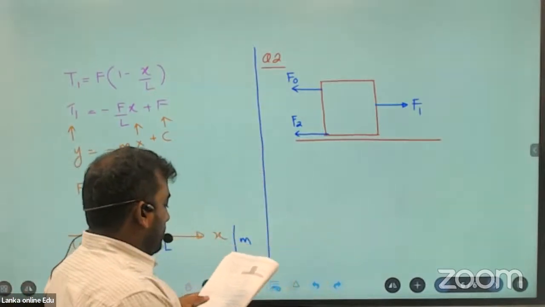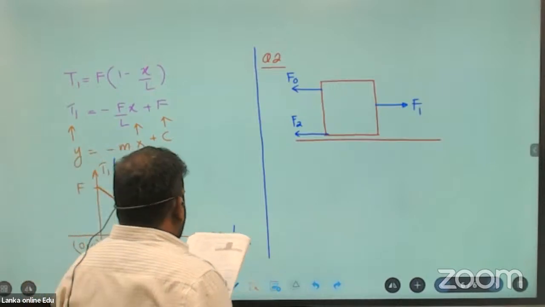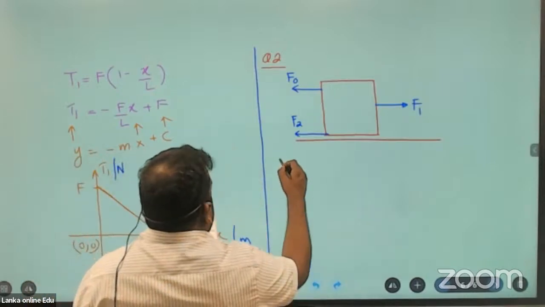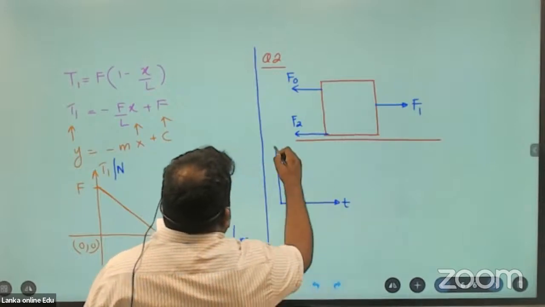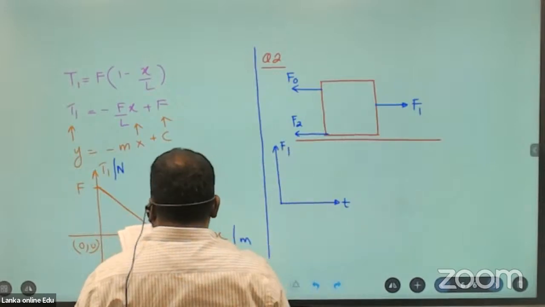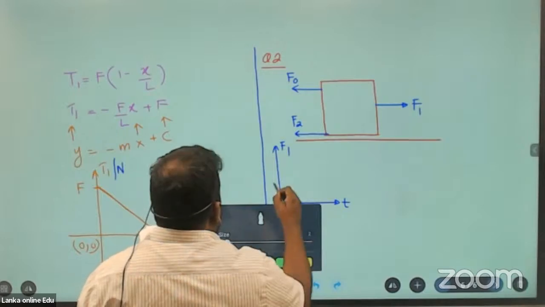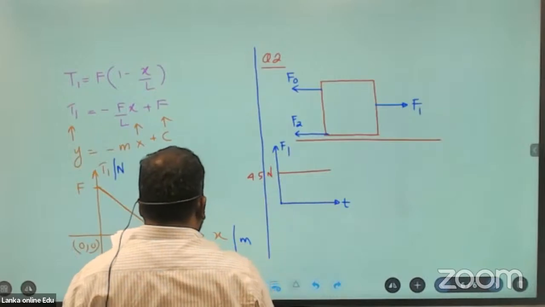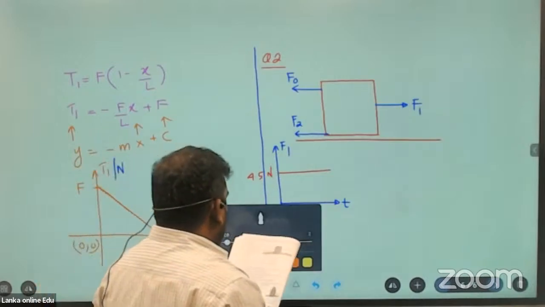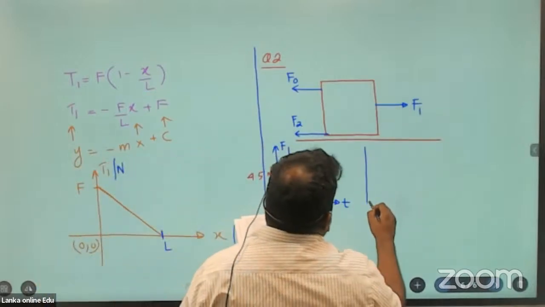0.75 kg. Right. They have given you each force and how it varies. F1 varying with time is constant: F1 is going to be 4.5 Newton. F2 is going to be 1.5 Newton.